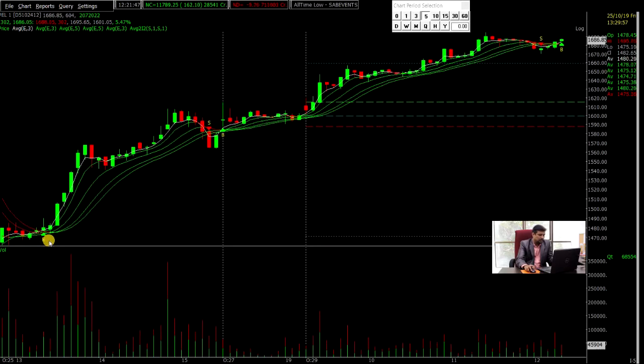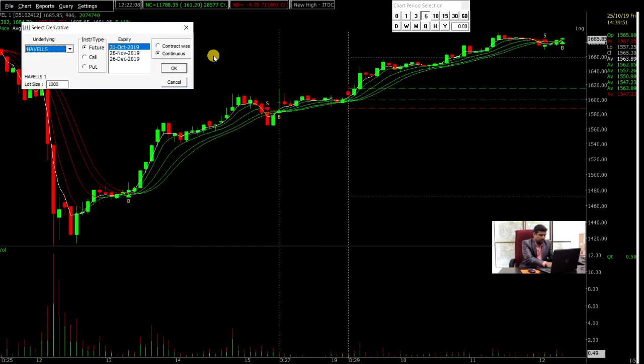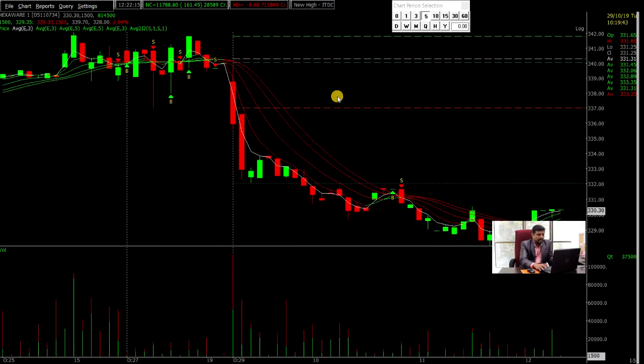Now, on the chart you can see whenever all these averages are intersecting each other, a buying signal, a B signal, has been formed. And if you see a perfect selling signal, you can see all the moving averages cutting down each other and intersecting at a single point. At that point, a sell signal has been formed.